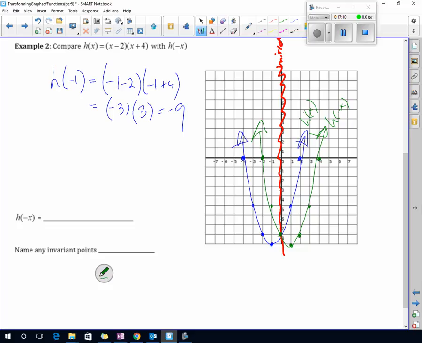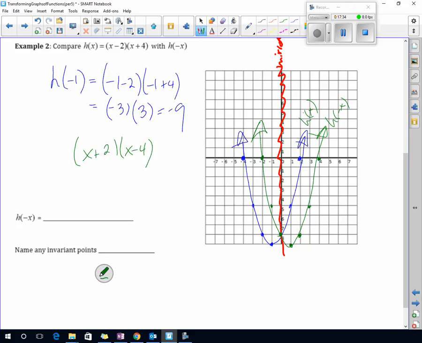Oh, like that? No. That would be -h of x. Okay, so I'm hearing it would be x plus 2, x minus 4. So this incidentally is correct, but it's a fluke answer. You're not supposed to change the signs of the numbers, and there's an example coming up where that's the case.